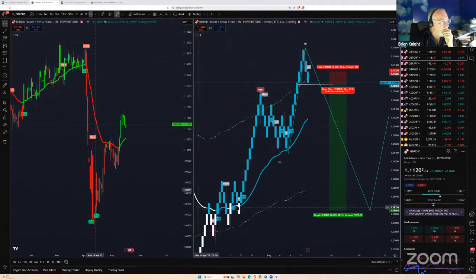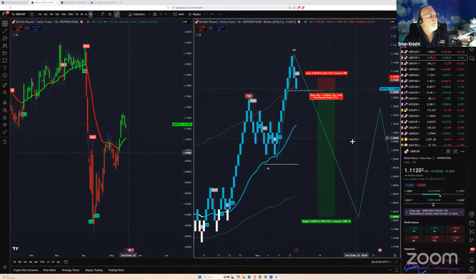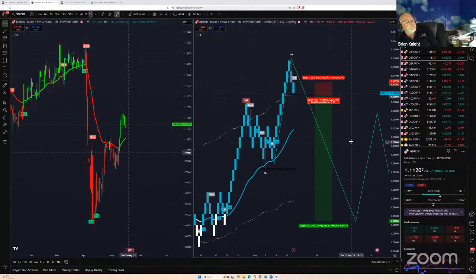Look at it here. Across there. Okay. Some interesting moves, potentially. Yeah. Okay. That's GBP and CHF.